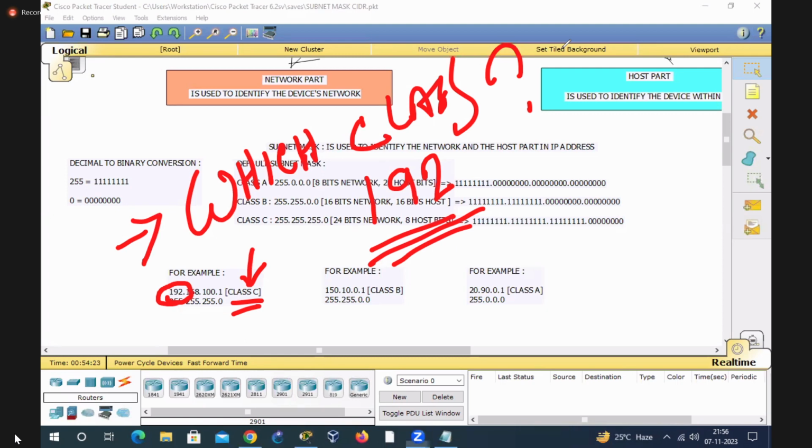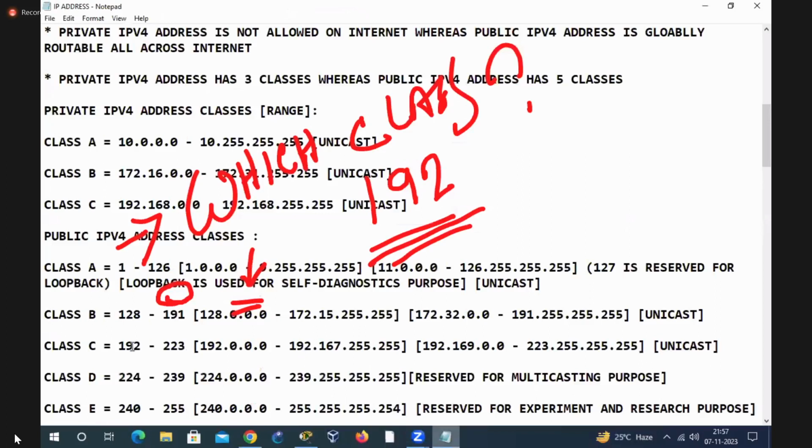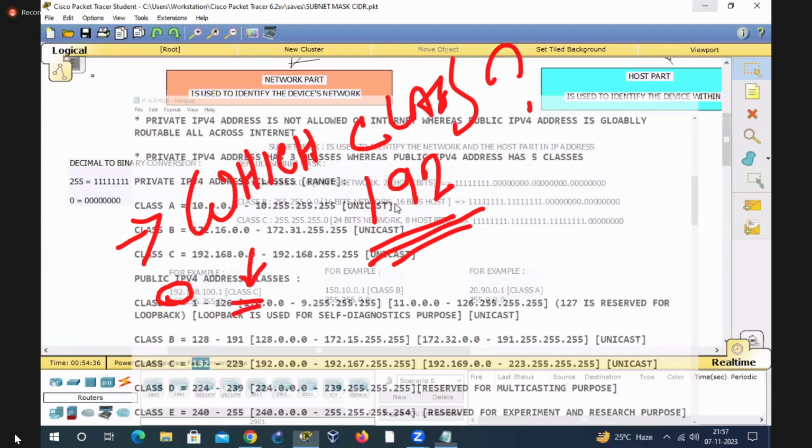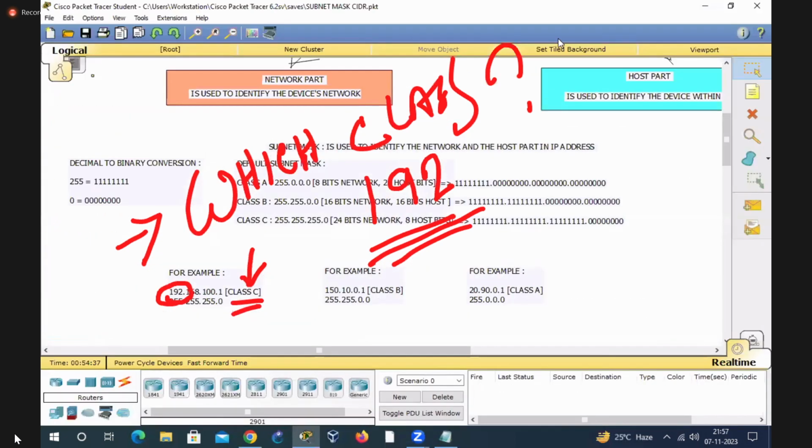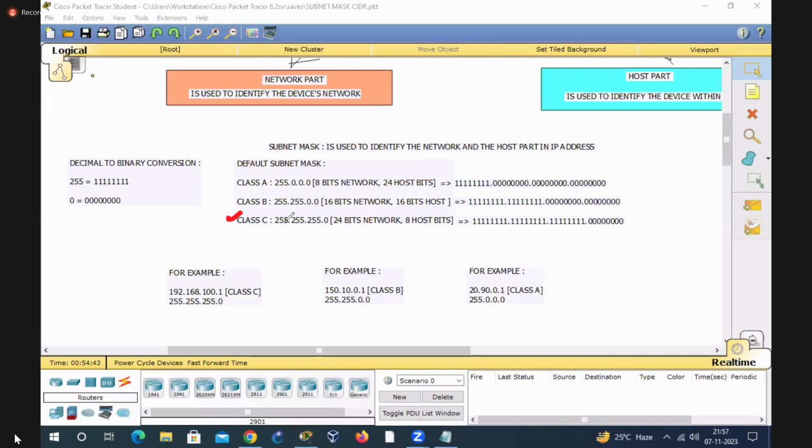Why do you say that it is a class C IP? Very simple. The class C range starts from what? 192, right? Yes. That is why it is a class C IP. You have to remember the range. So what is the class C subnet mask of it? Network, and network, right?